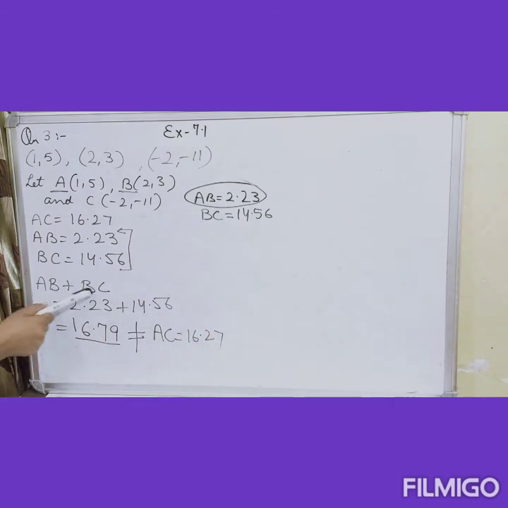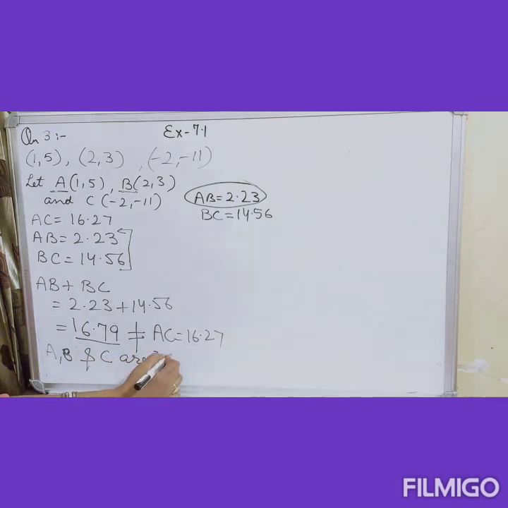The sum of the two smaller distances is not equal to the third, longer distance, and if it is not equal, that means these 3 points are non-collinear points. So here also we can write that after solving this, we get the result that A, B and C are non-collinear points.